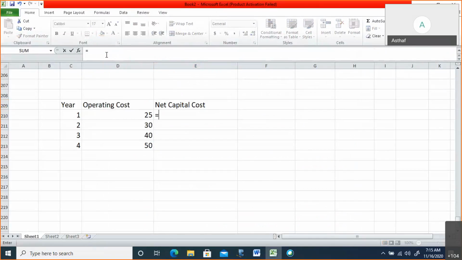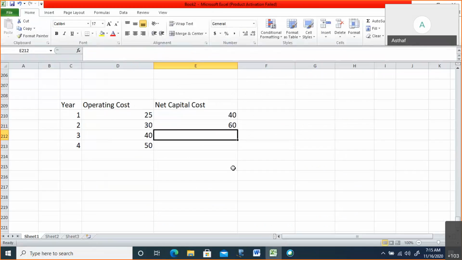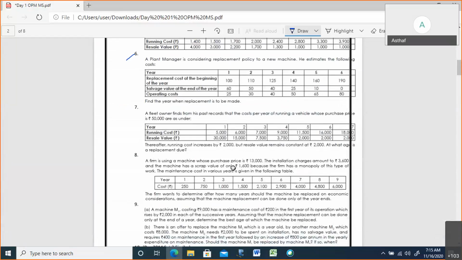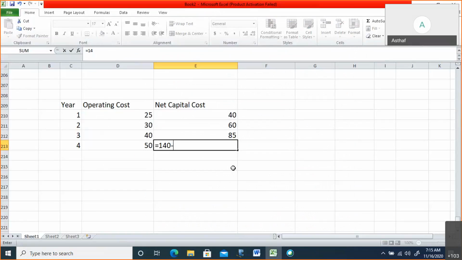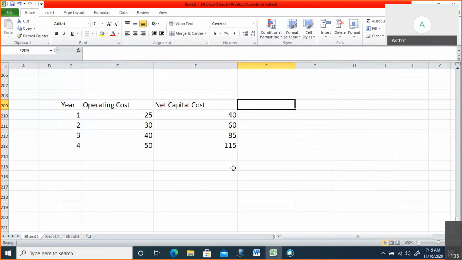Here the 160 we have to make. 110 minus 120, 40. 140 minus 25. Now total cost.